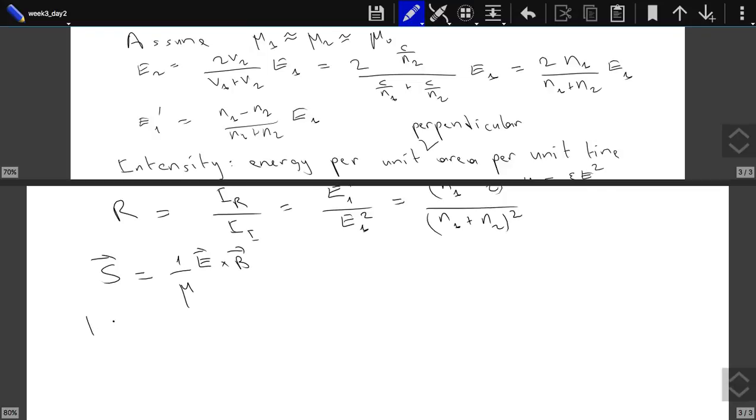So in our case, the magnitude of S is equal to E times B over mu, which is E times E over V times mu.